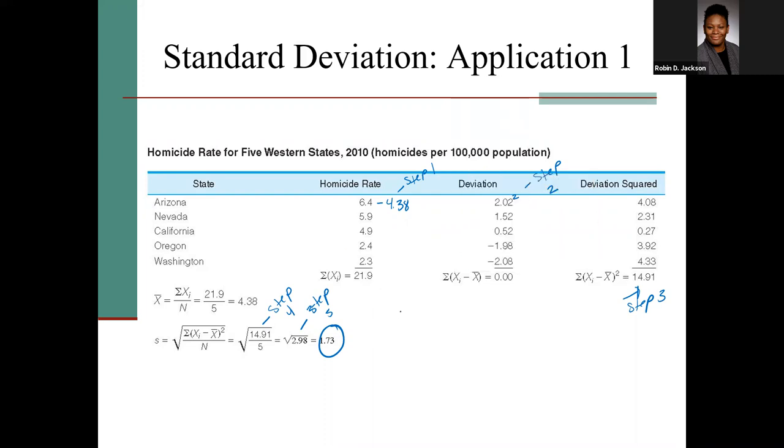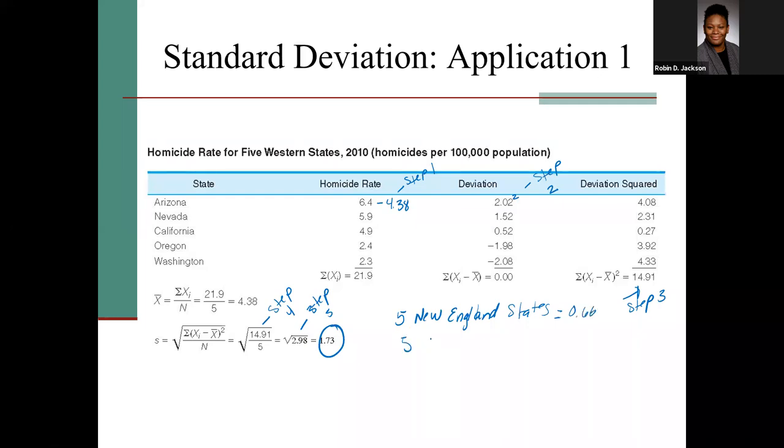Okay, so for the 5 New England states, it is equal to 0.66.